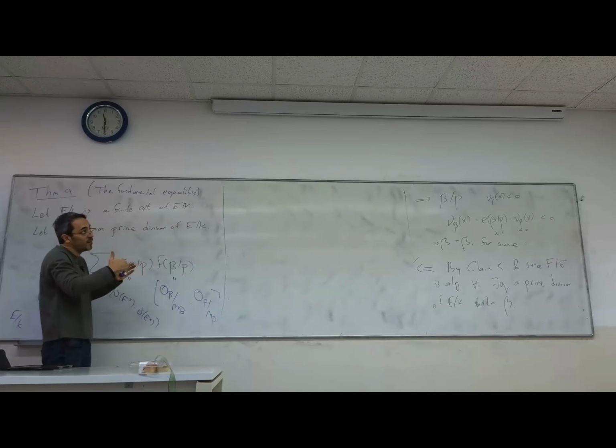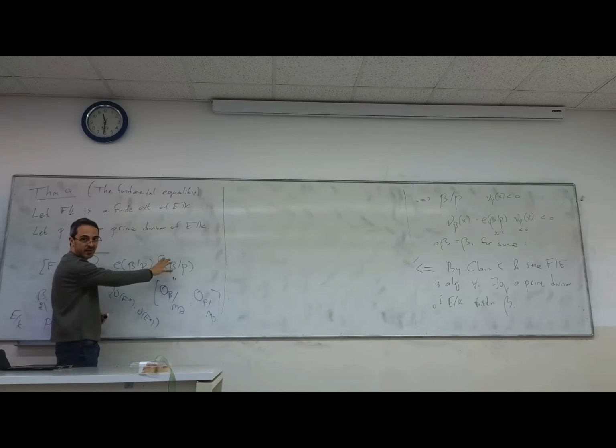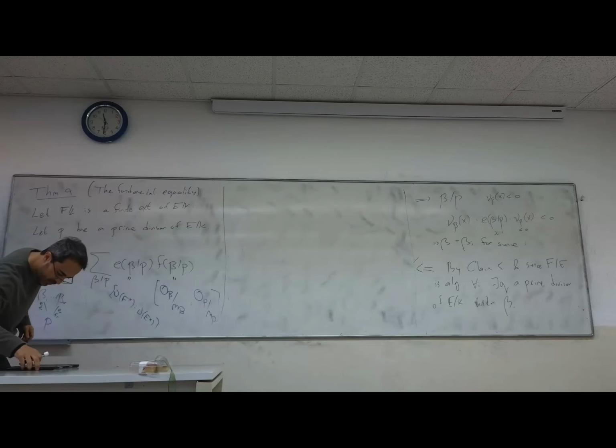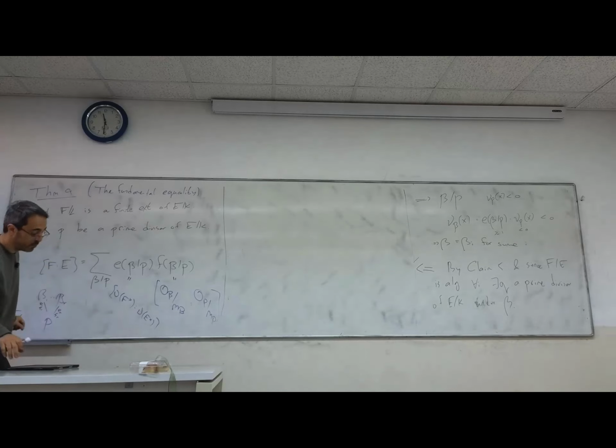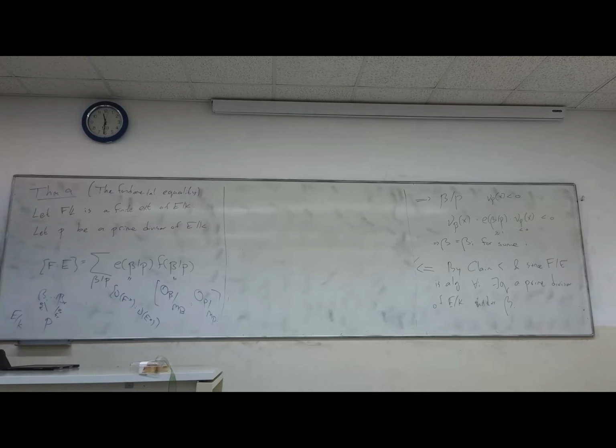So I'm working over F5, but some of my roots are going to be in F25. So this kind of keeps the right count for that. And the fact that geometry and algebra behave like that, it's really cool. So today, right after proving this theorem, we're going to see one example, but very, very long. And then next time we're going to see more of that example. You'll see what I'm talking about.